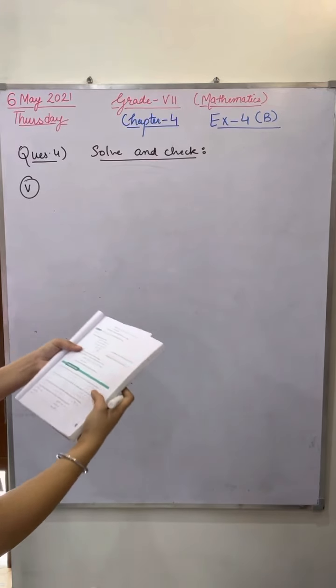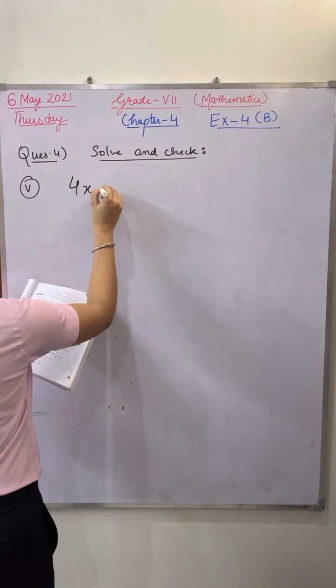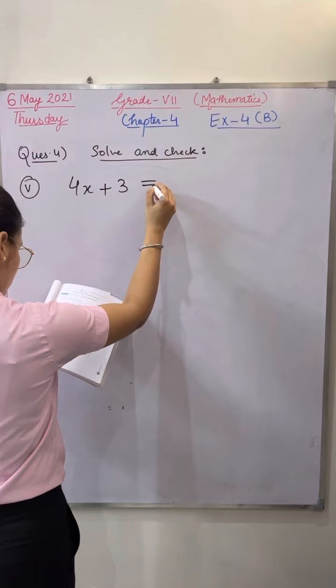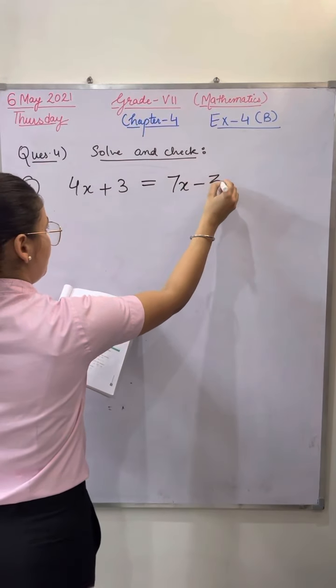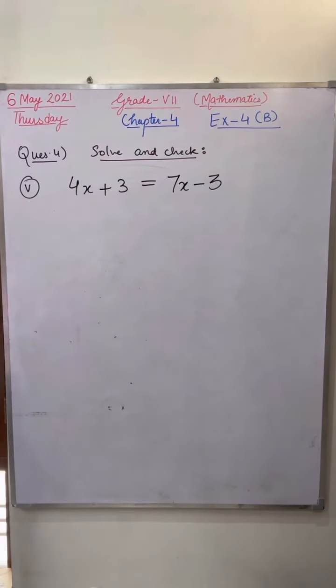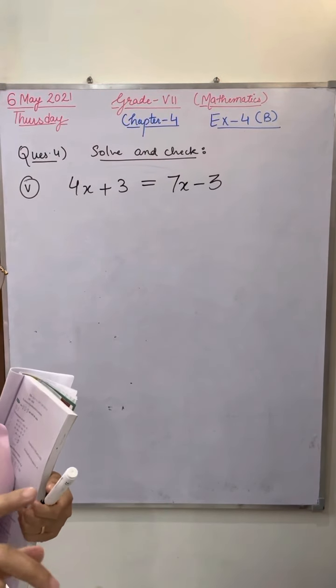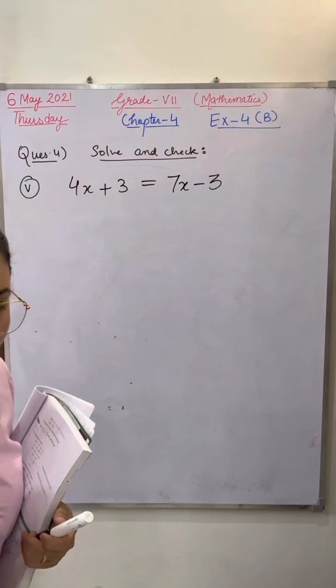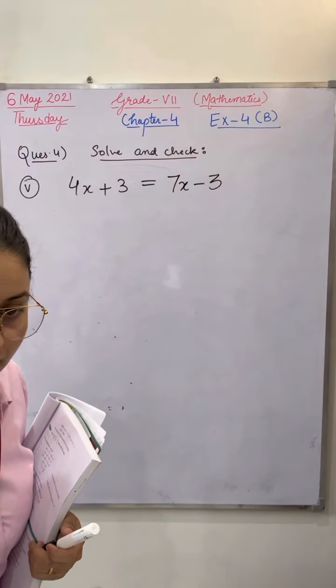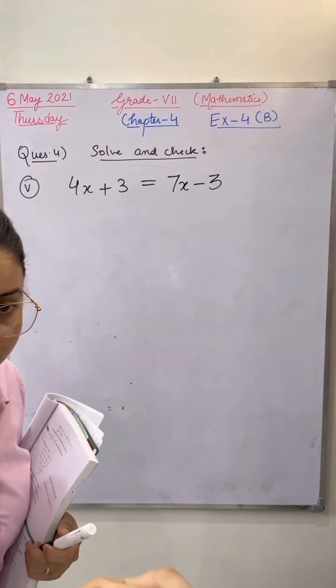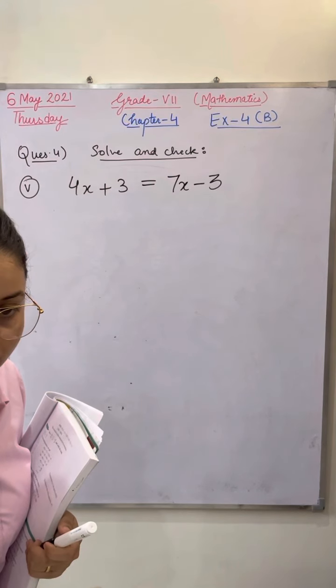4x plus 3 is equal to 7x minus 3. Now please think. First of all, think which method we can apply. Quickly, quickly.